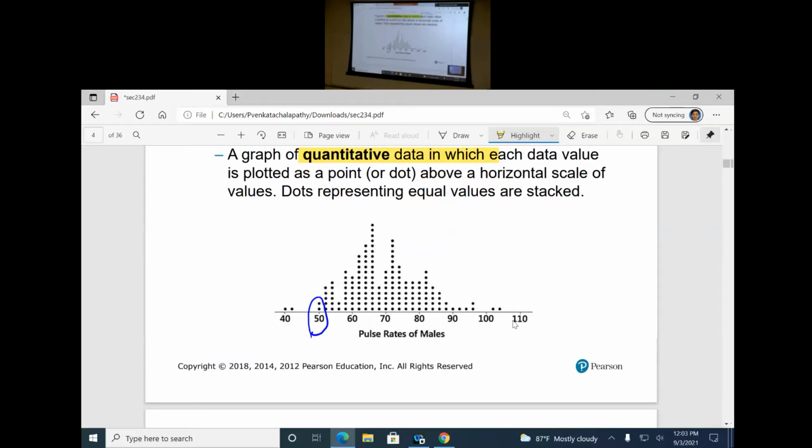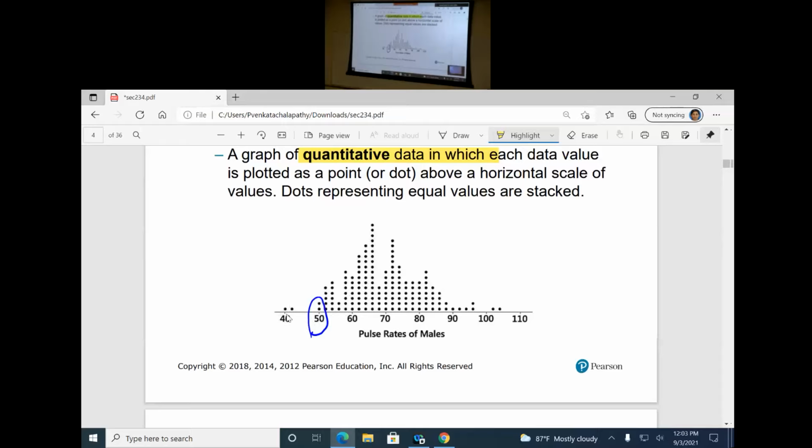Now, as you can see here, this is a picture of example of a dot plot where this is like your class intervals, the horizontal line values, and the dots here are your frequency number. So what does 40 say?